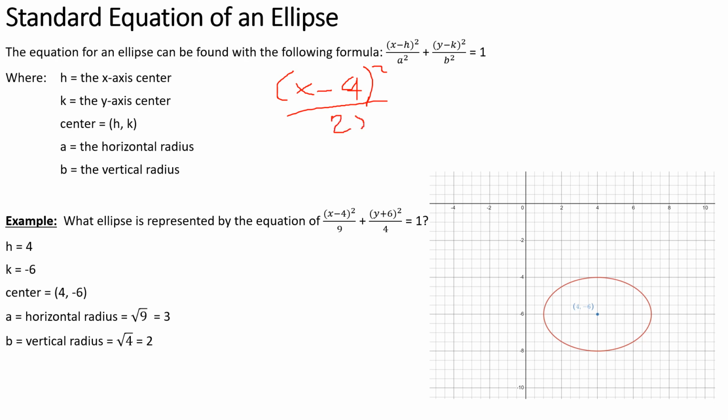5 squared, that's my a squared, plus y minus 3 squared. And my vertical radius is also 5 squared, which is 25. And I'm writing this as an ellipse, equals 1.